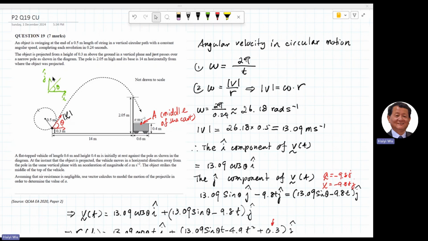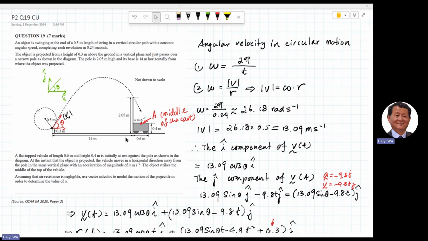The object is projected at a height of 0.3 meters above the ground in the vertical plane, just to pass over a narrow pole. This is the narrow pole, with a height of 2.505 meters, and its base is 14 meters horizontally from where the object was projected.